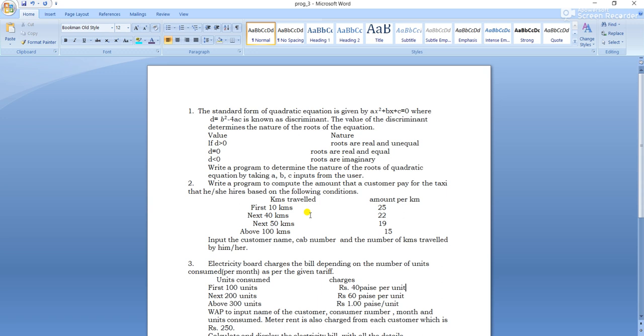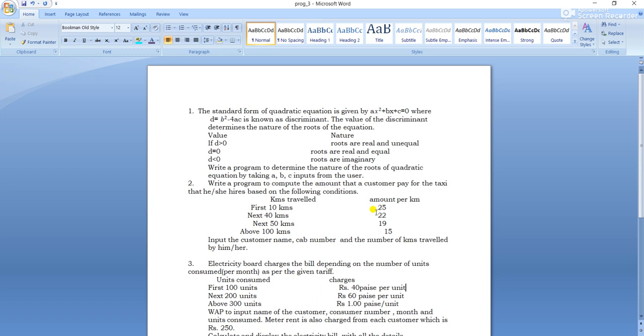take a taxi or cab through some apps, or manually we call those taxis. So when we book online, through some app, then the calculation of the taxi fare is in this format generally.